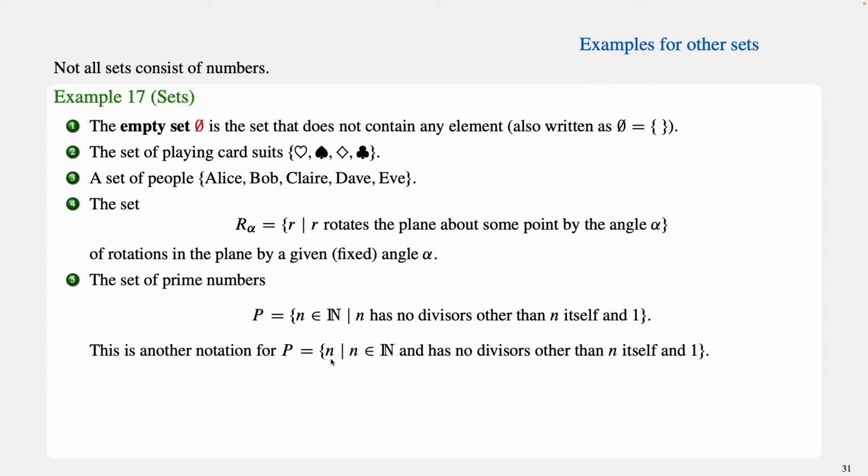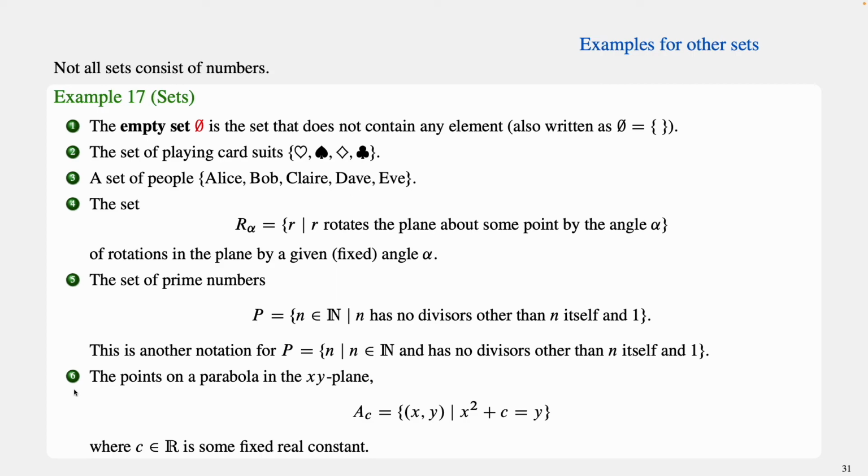So I can also state this as the prime numbers are those n that satisfy n being a natural number and having no divisors other than n itself and 1. But very often one moves statements like this right in front of the set declaration to make it a little bit clearer.